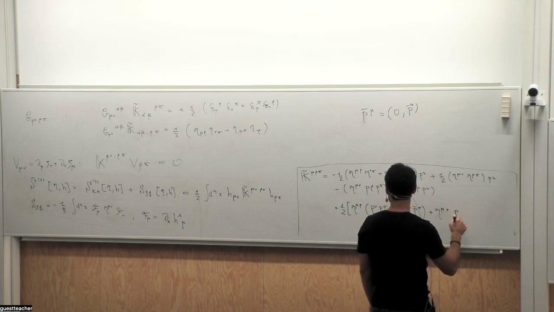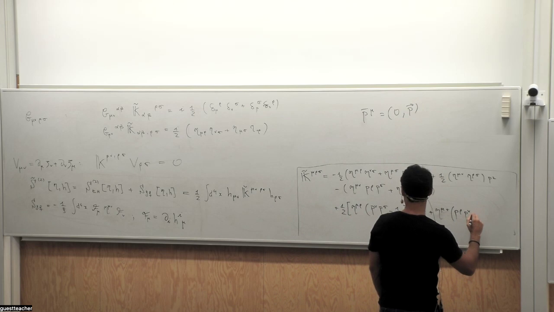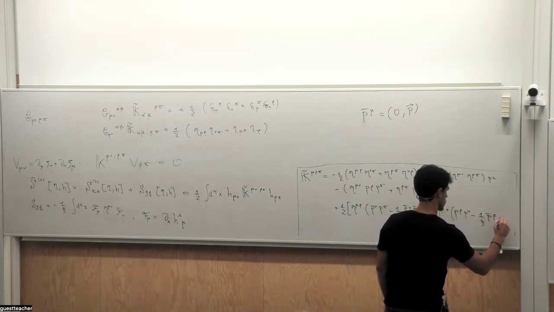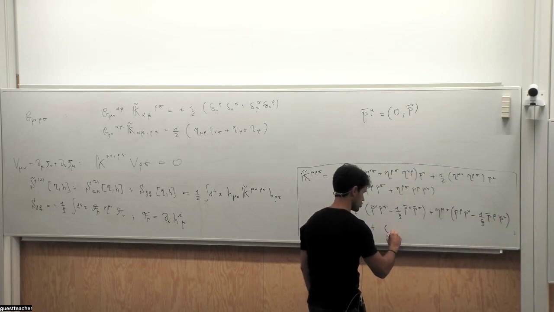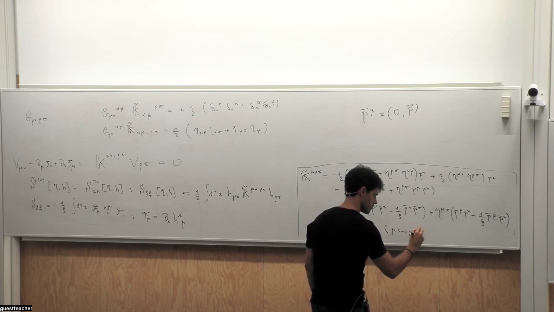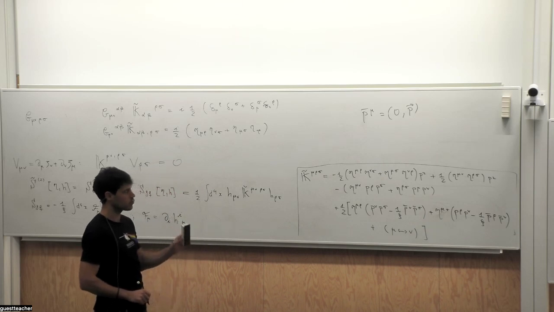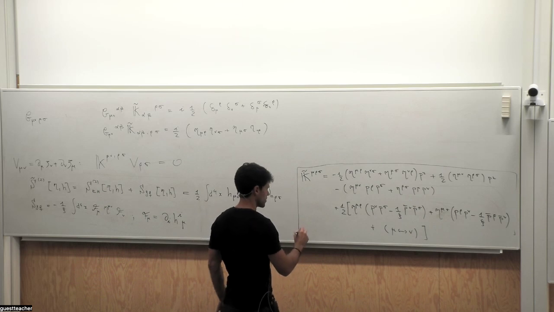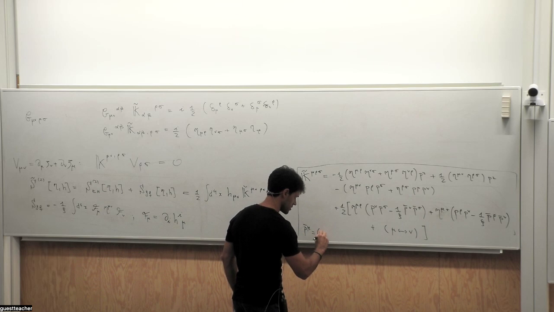Then p_rho p_nu, and again 1 minus C, p bar_rho p bar_nu. Let's go fast. So we need to change then mu and nu. This is the kinetic operator with this gauge fixing here, where this p_mu, as I said, is defined this way.